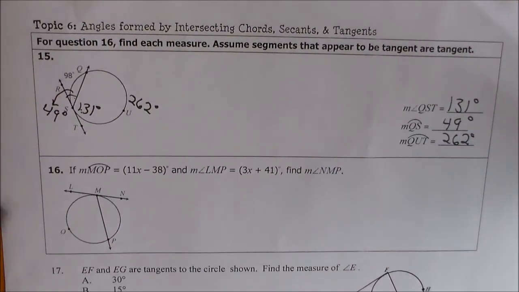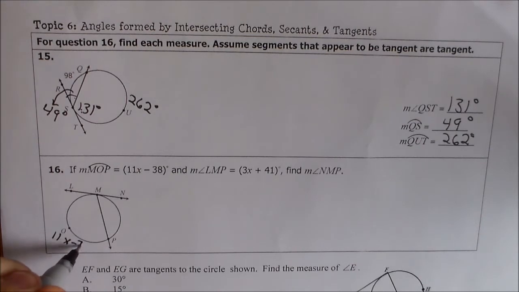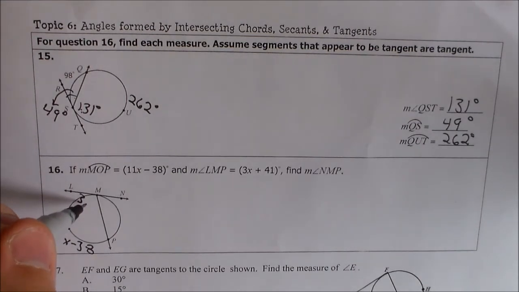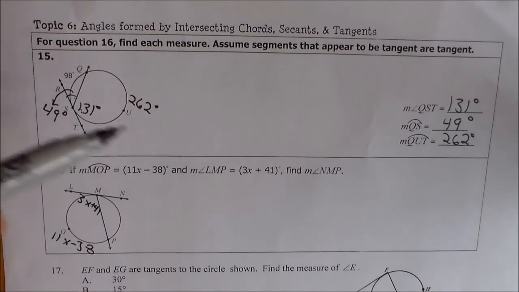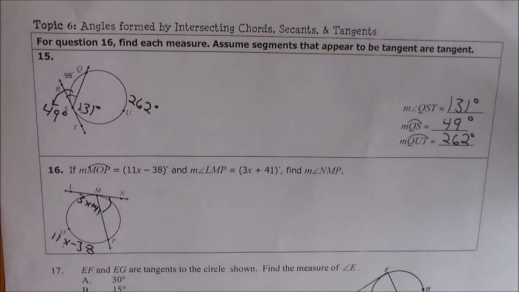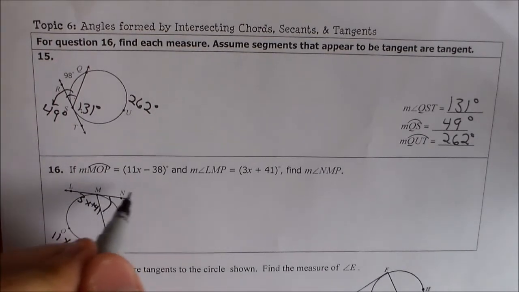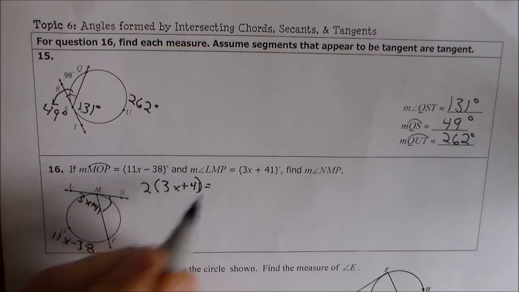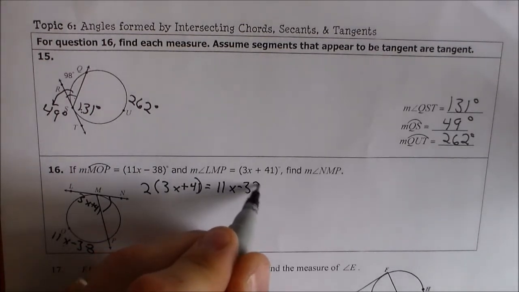For the next one, we have MOP is 11x minus 38. LMP is 3x plus 41. We need to find NMP, which is the angle here. So we're going to use these two to allow us to solve. So I'm going to double the 3x plus 41. Set that equal to 11x minus 38.